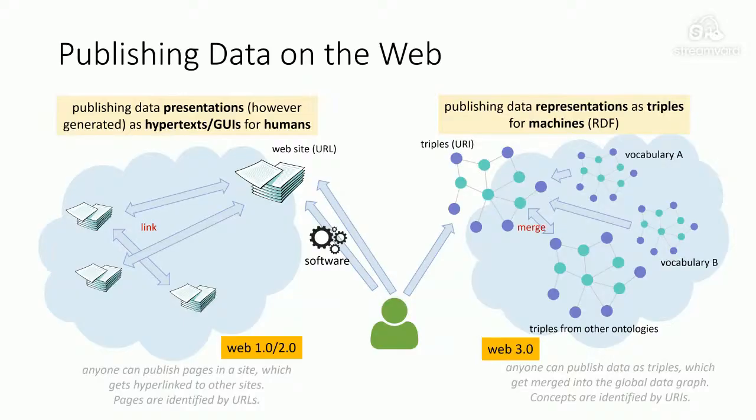We rather have data directly modeled using a universal scheme independent from any specific human language. So that's a sort of global database with a universal scheme yet based on our old web technologies. And all the technologies and practices involved in this scenario are known as linked open data, or LOD for short.